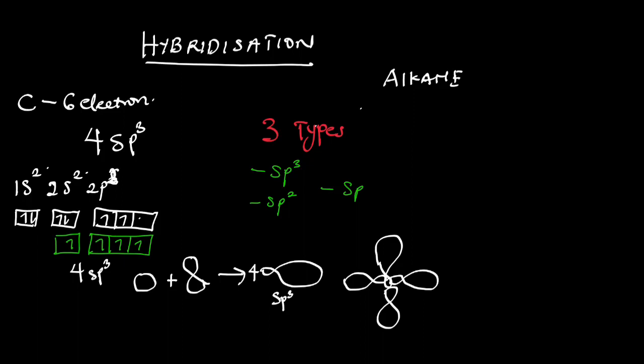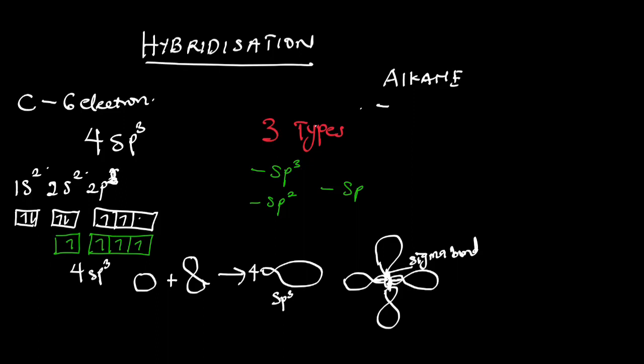It forms something like this, and each bond here, there is a bond here, there's a bond here, there's a bond here, right? So each bond is actually a sigma bond, but this looks vague.